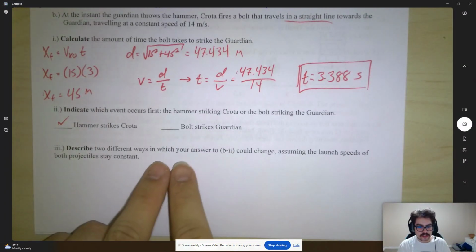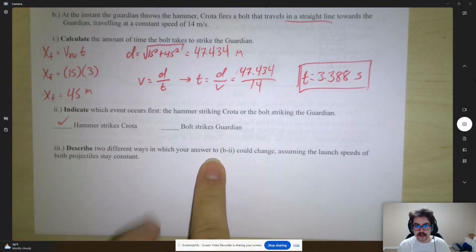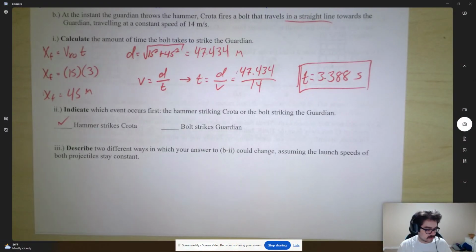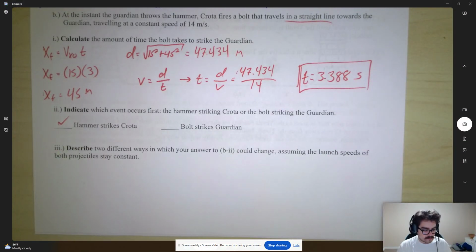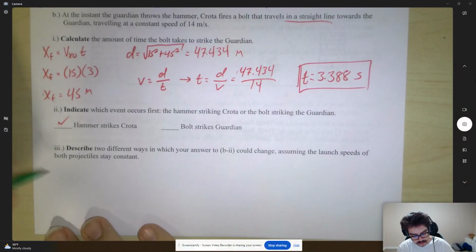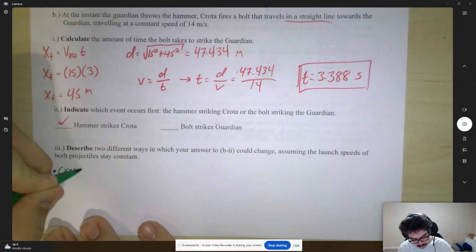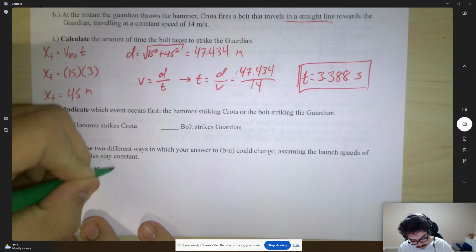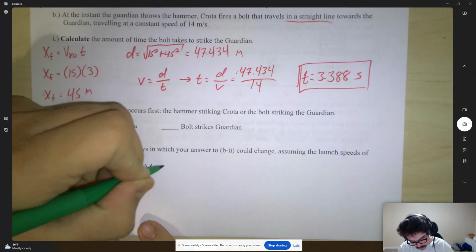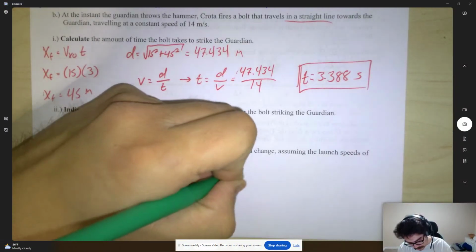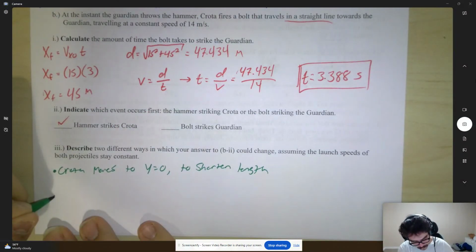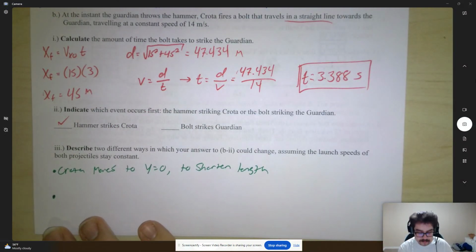How can we change the answer to this part, assuming the launch speeds of both projectiles stay constant? One thing is, we have to keep the launch speeds constant. This is pretty open-ended. You could say that Crota moves to y equals 0 to shorten the length.